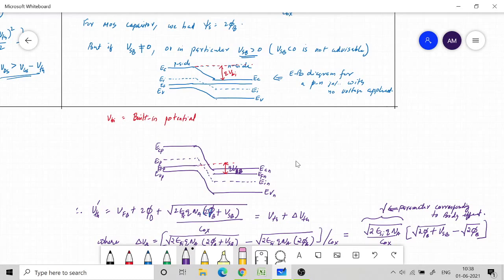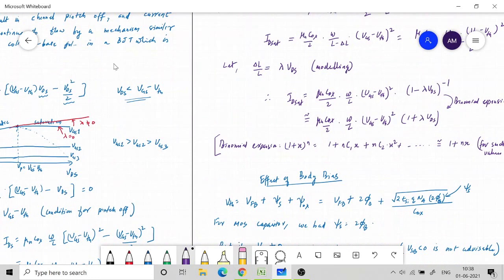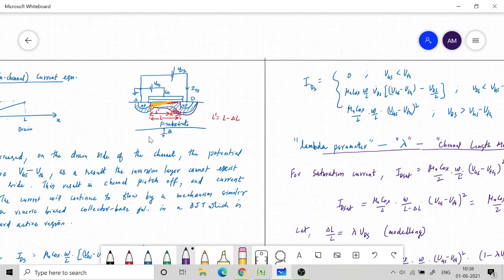Okay, reverse bias always increases the depletion region width, and also it changes the potential. Or in other words, with respect to the bulk, the source is at a larger potential. That is what we mean by VSB positive.